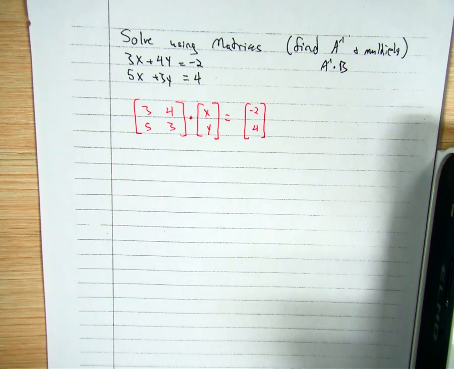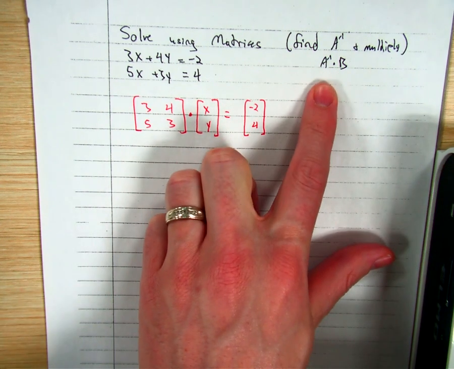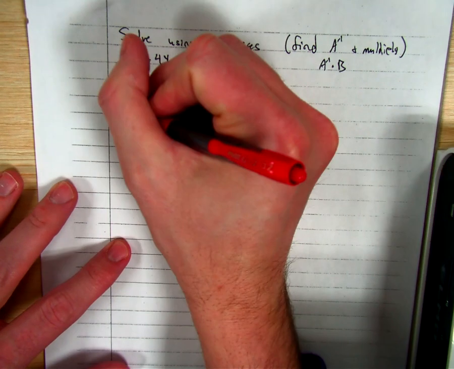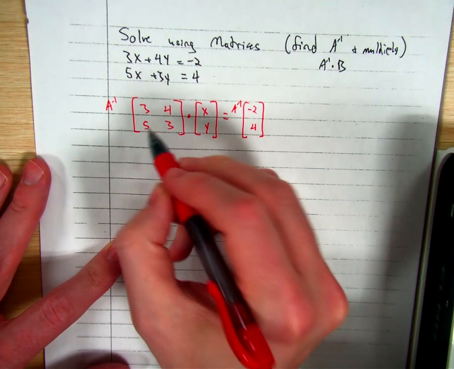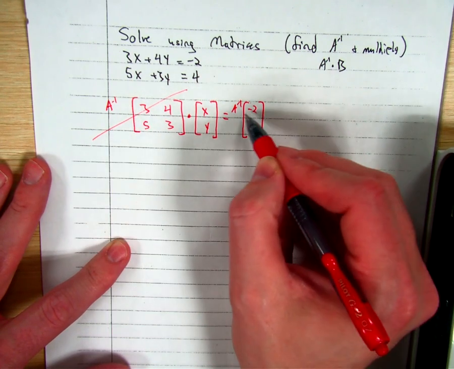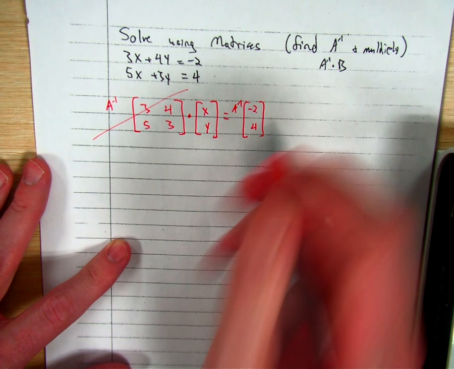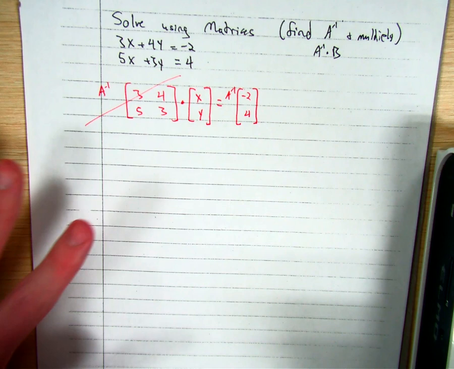And to solve, find A inverse and multiply. We're going to multiply A inverse to both sides. If I multiply by A inverse in the front of both sides, it should cancel out, and this will give us our answer. But we have to first come up with what is A inverse.